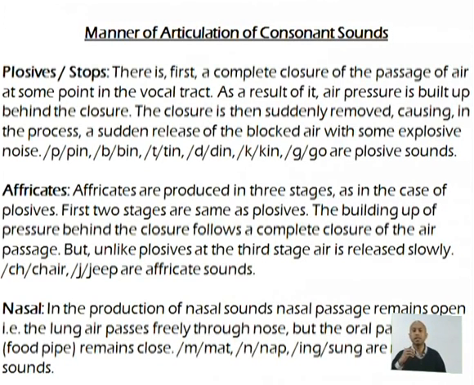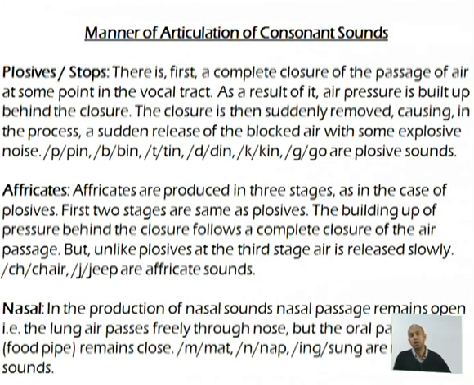The closure is then suddenly removed. It says here in your book as well, on page 31. The closure is then suddenly removed, causing in the process a sudden release of the blocked air with some explosive noise.